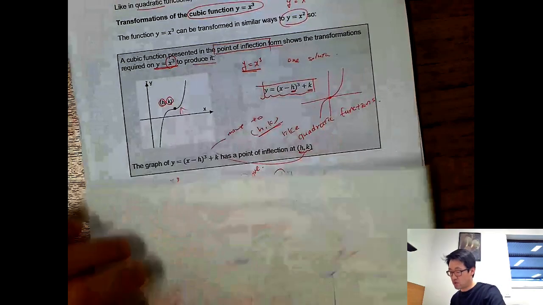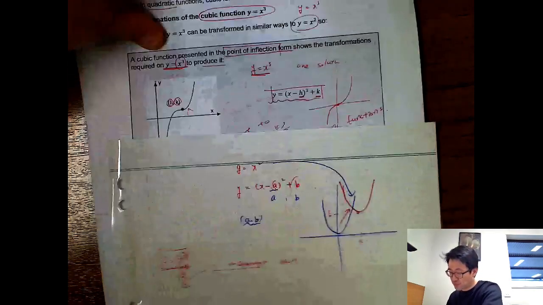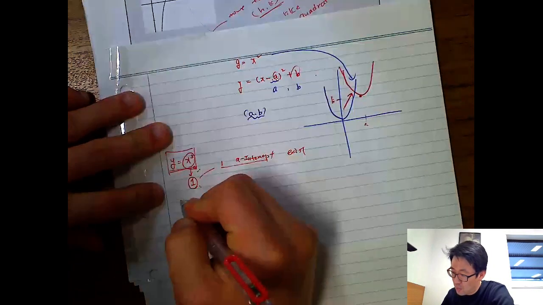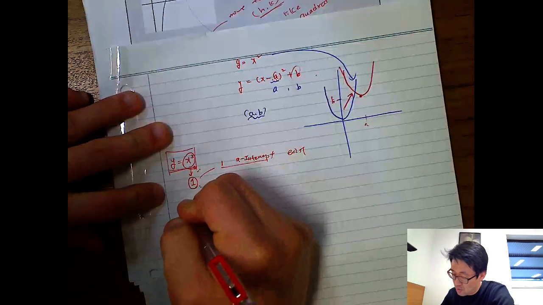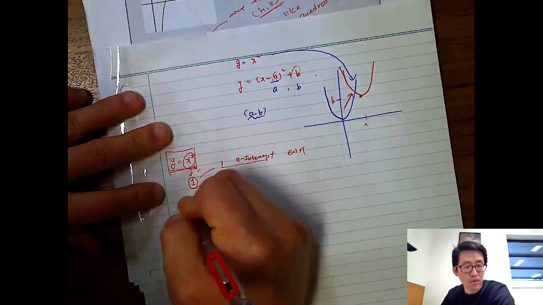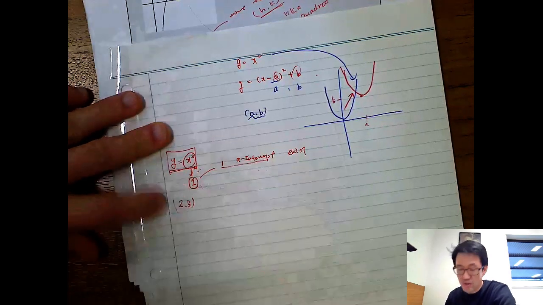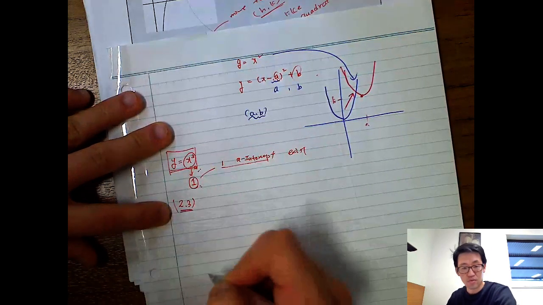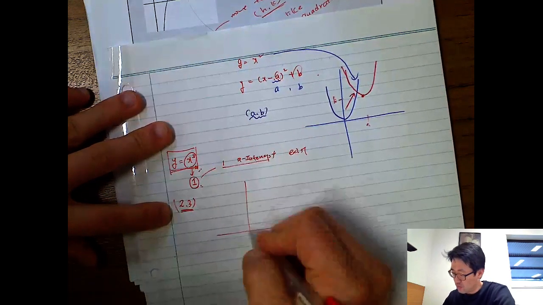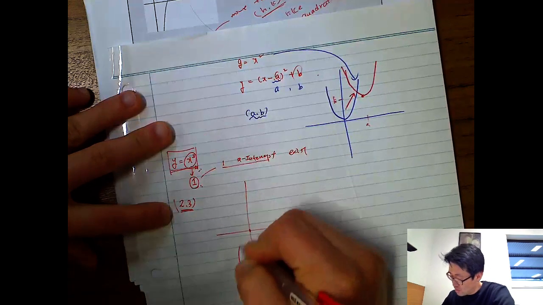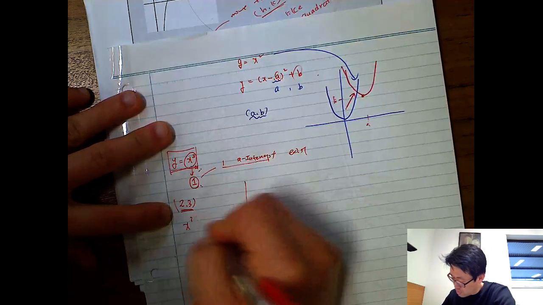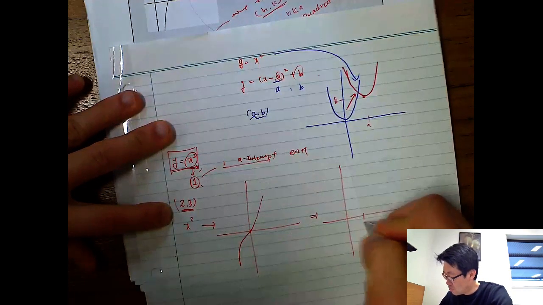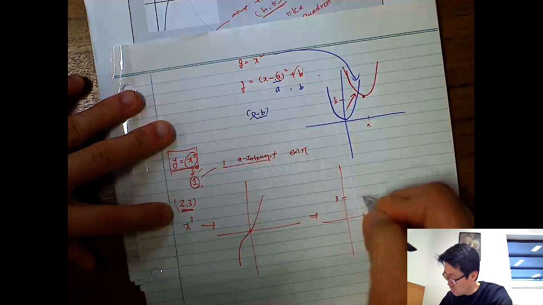I will just give you an example. If we move our point of inflection, think about the turning point, it's the same thing. 2 and 3. So we moved the x cubed graph to 2, 3.